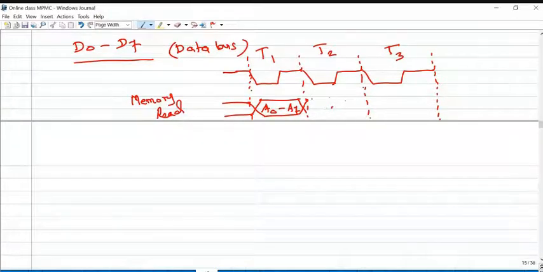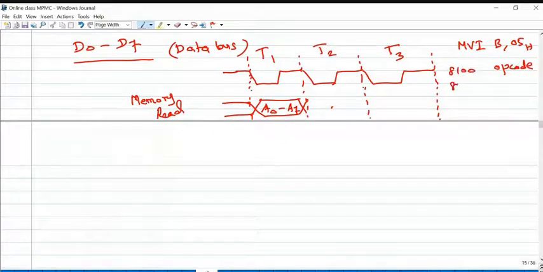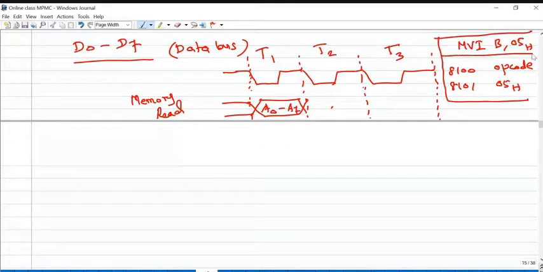Depending on the instruction, the best example I'll give you is MVI B, 05H. Say for example the opcode is at 8100, and in the 8101 location we need to store 05H. To execute the MVI B, 05 instruction, we need to store two 8-bit pieces of information in memory: one is the opcode, one is the data.